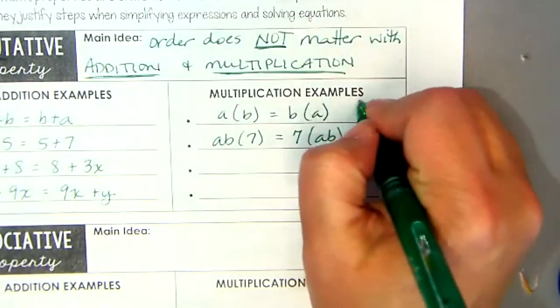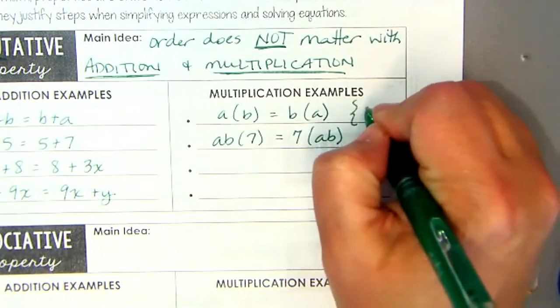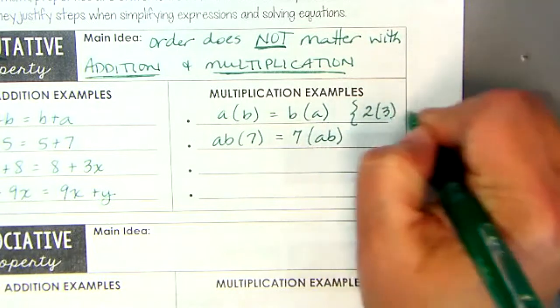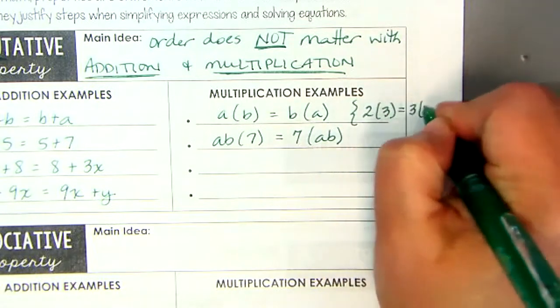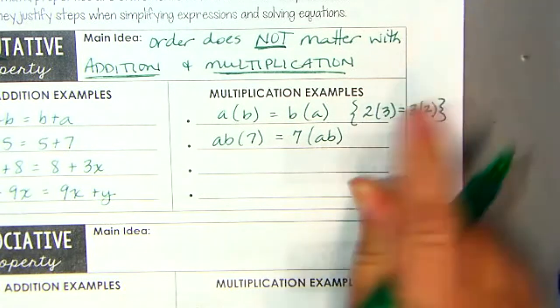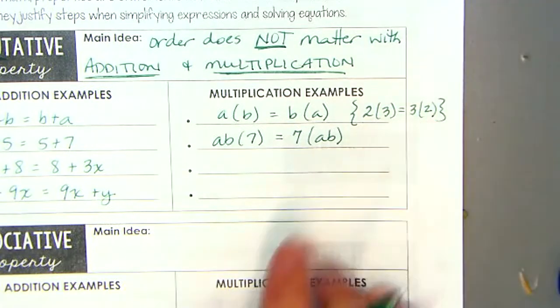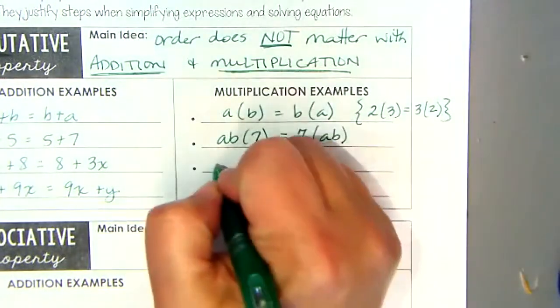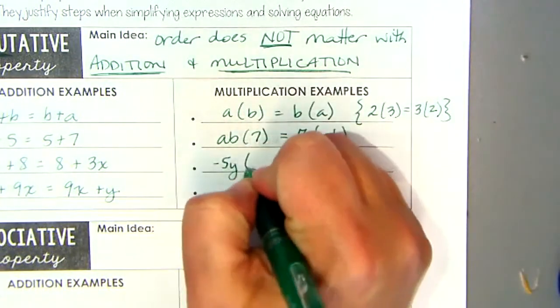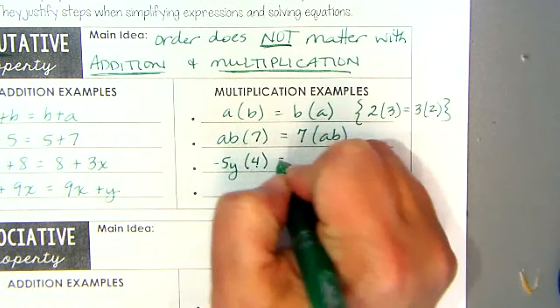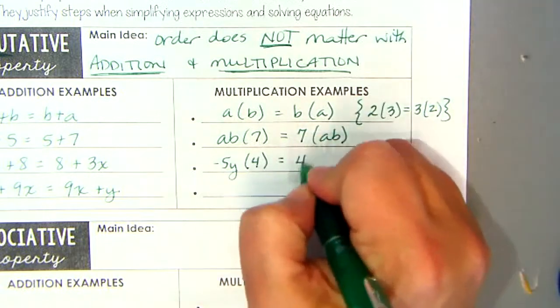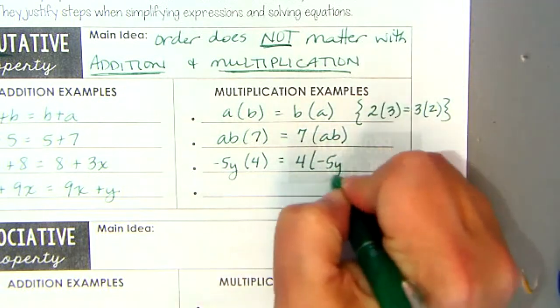Another example here could be 2 times 3 is the same as 3 times 2. Notice they both end up with an answer of 6. I have negative 5y times 4. That's the same as 4 times negative 5y.